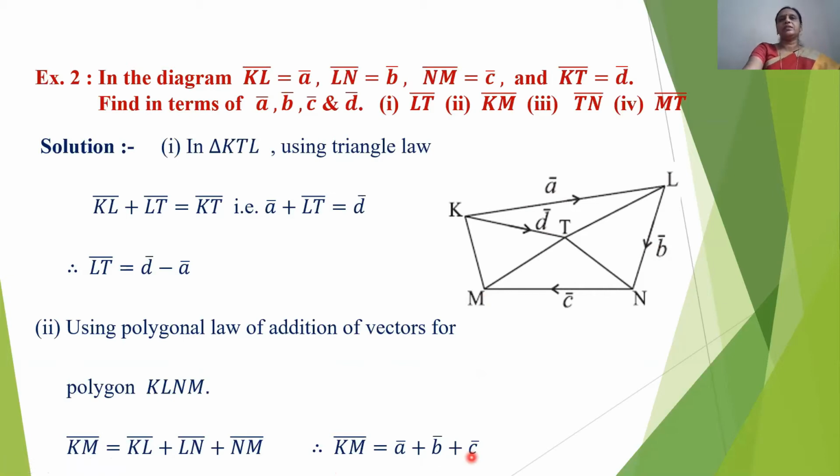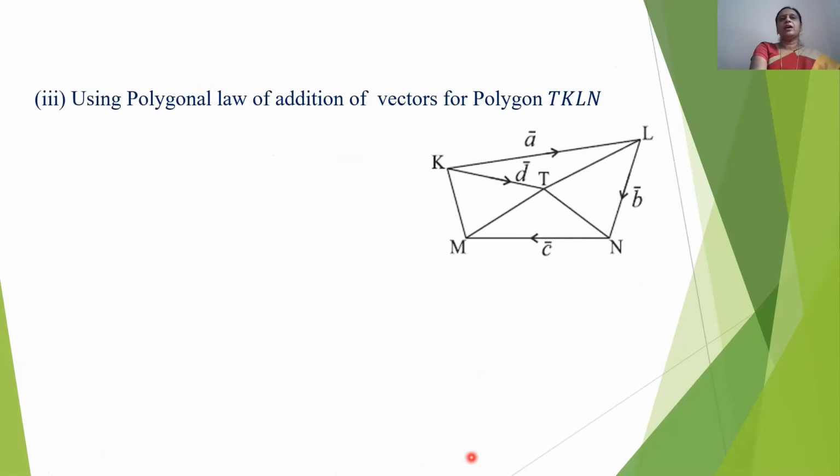Okay. Then see next. Again using polygonal law of addition to the polygon. See the polygon here. T, K, L and N for this polygon. We will use again polygonal law of addition.